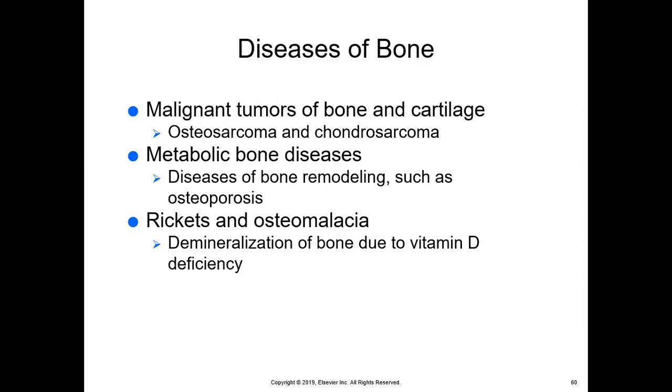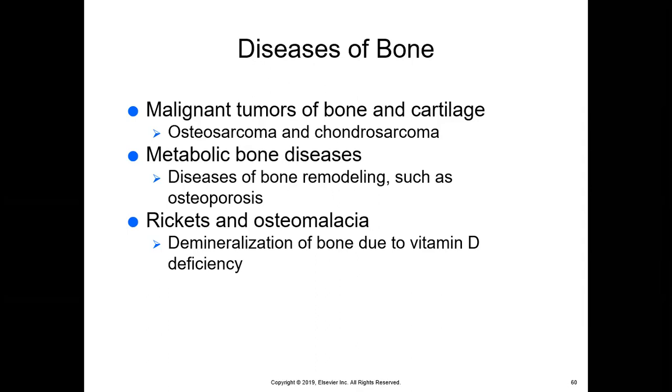Then we look at some of the diseases of bones. You have osteosarcoma, chondrosarcoma, the metabolic bone diseases, and some diseases of bone remodeling, such as osteoporosis. Then you have rickets, which is demineralization, so minerals leave the bone due to a vitamin D deficiency.